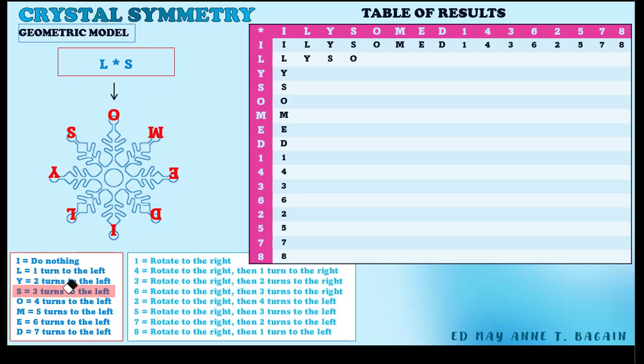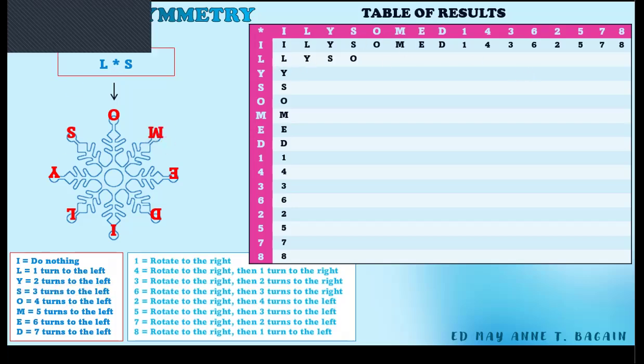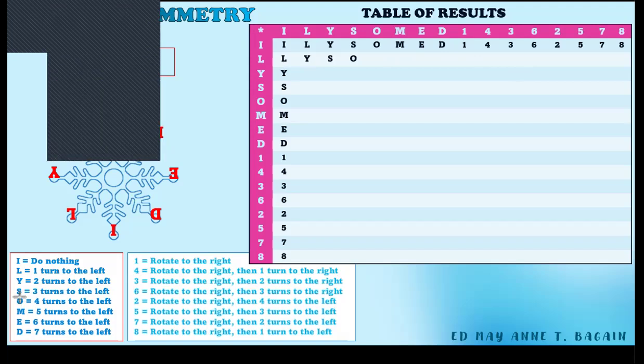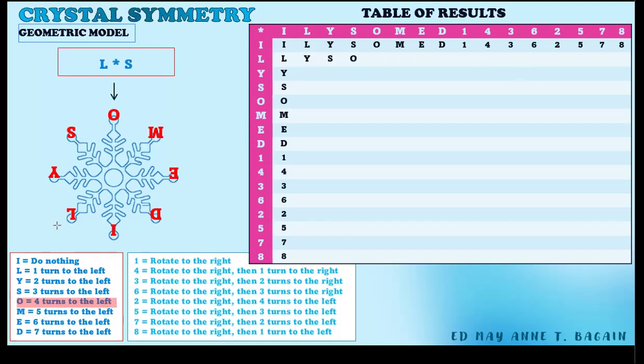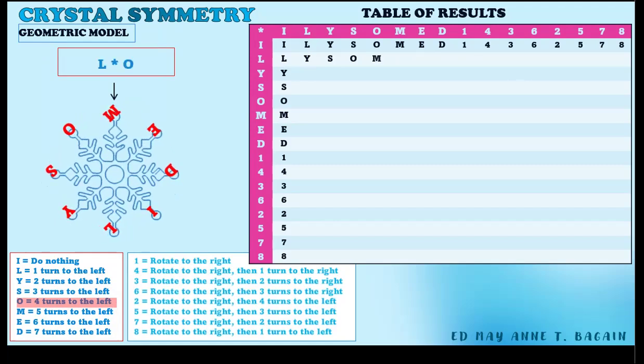So the same with L star O. We are already looking at L, and then we will be doing the move for O, which is four turns to the left. 1, 2, 3, 4, it would be M. Let's check. And it's still the same. It will be the same for everything.